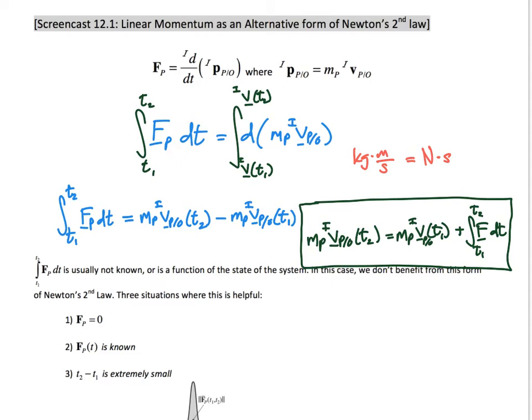And when we have force as a function of the state, that still means that we need to solve the second order differential equations in order to get the force over time. So if that's possible to do, that's a nice way to wrap that in, but you'll see in just a moment that it's primarily when we know force as a function of time, or force as a constant, that this form is useful.